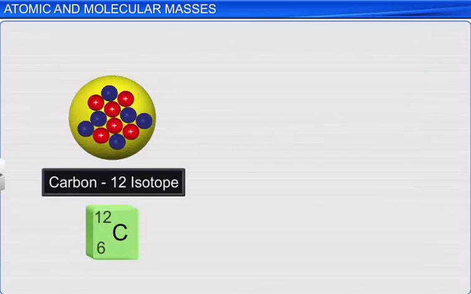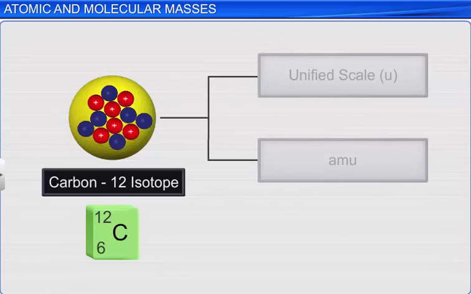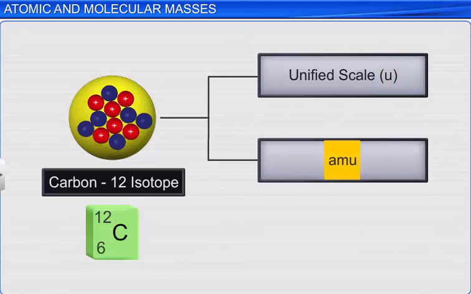When chemists expressed atomic mass on carbon-12 scale, they named it as unified scale, and the unit was represented as U instead of AMU. Though AMU is still used in most places, chemists now use U as the unit.